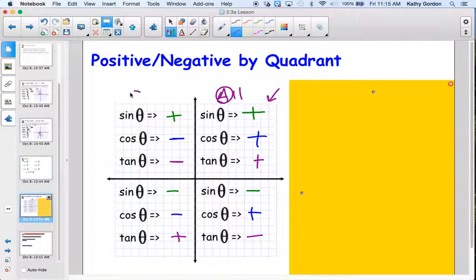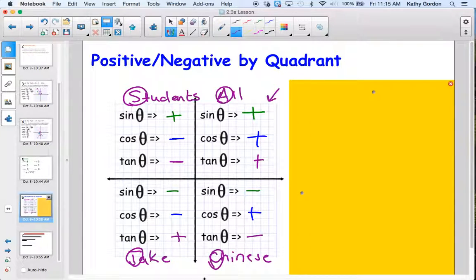All students take Chinese. In the first quadrant, everything is positive.